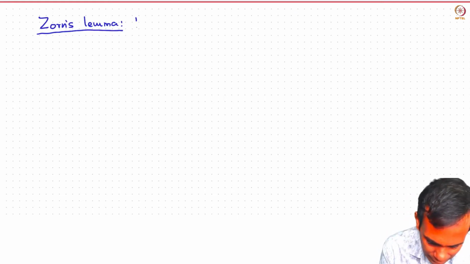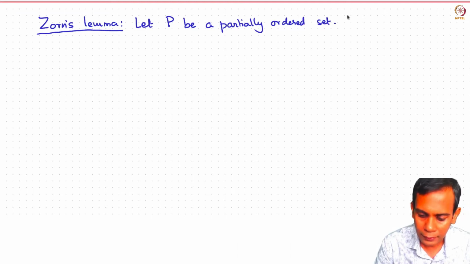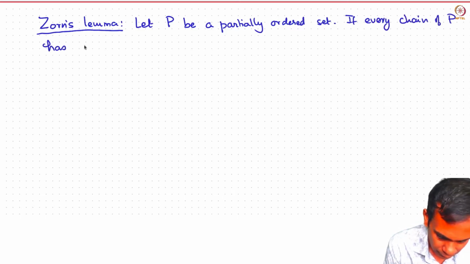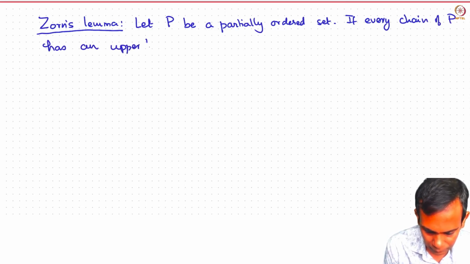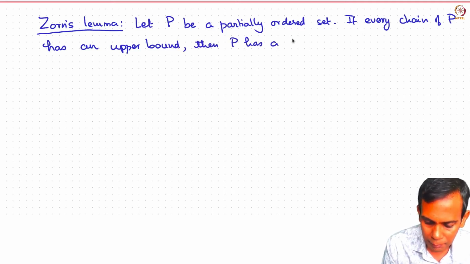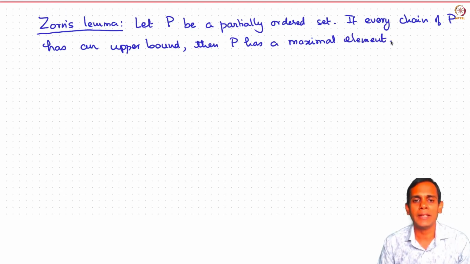So Zorn's lemma says that if you have a partially ordered set P, where every chain has an upper bound, then P has a maximal element.